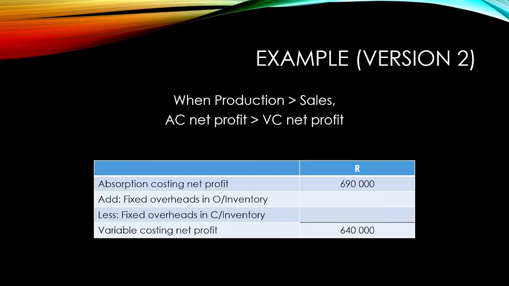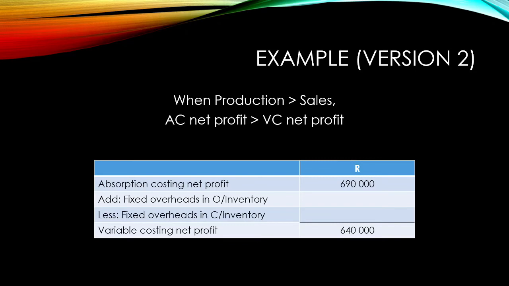I like to do it in this layout where we separate the fixed overheads in opening and closing inventory, as it accounts for issues when the fixed overhead rate changes between years. So we already have our absorption and variable costing net profits, which we just calculated. If we are then working from absorption costing, we need to ask how our fixed costs would have differed if we had used variable costing.